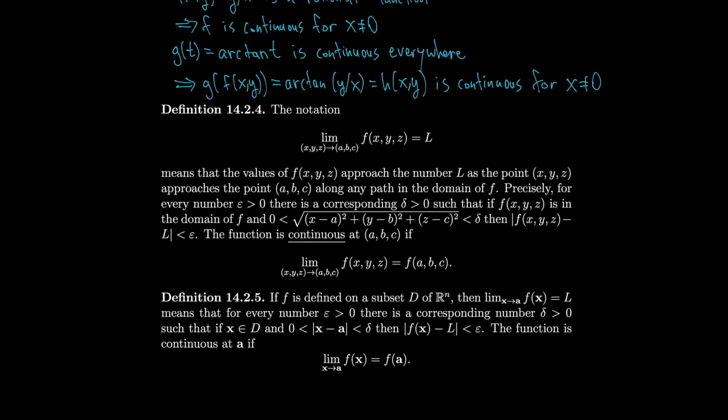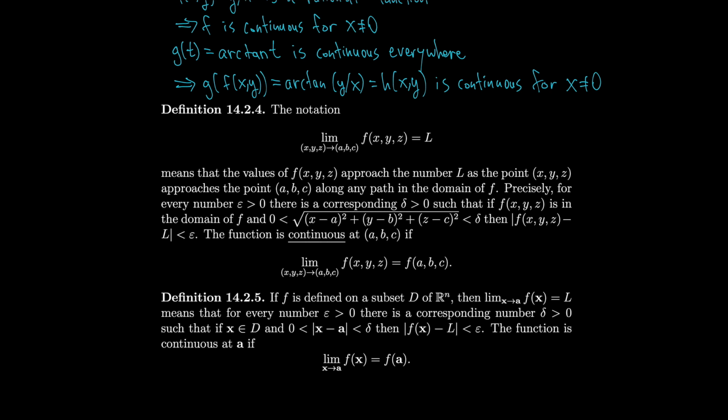Okay, lastly we have the notation. The limit of f of x,y,z equals L, where (x,y,z) approaches (a,b,c), means that the values of f of x,y,z approach the number L as the point (x,y,z) approaches the point (a,b,c) along any path in the domain of f. So basically we're just extending our definition of the limit for functions of 3 variables.